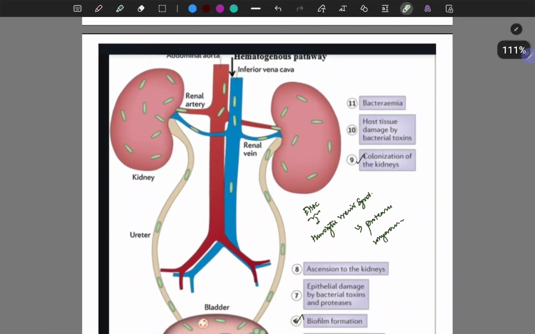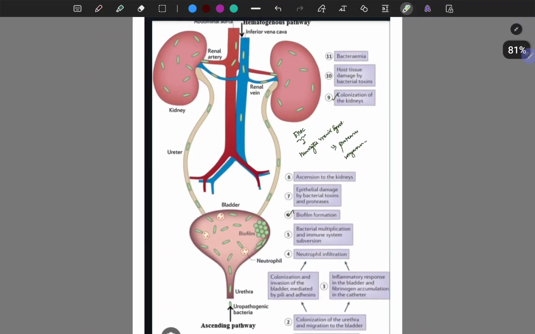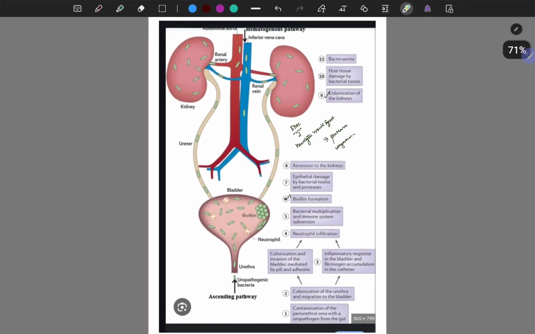Predominantly, the main point we have to remember is enterohemorrhagic E. coli. The strain which is called O157:H7. This is the enterohemorrhagic E. coli strain, and this strain is responsible for hemolytic uremic syndrome.